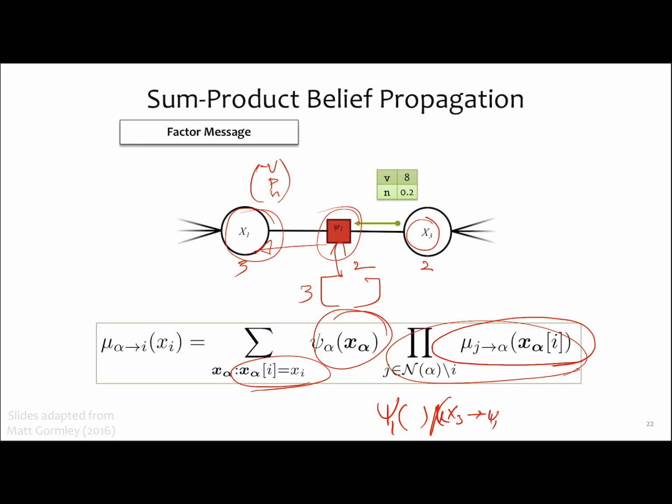Remember, psi 1 accepts 2 random variables, x3 and x1. Because it's going to send the message to x1, it has to sum over all of the random variables that it does not understand, which in this case is x3. So is the setup clear?